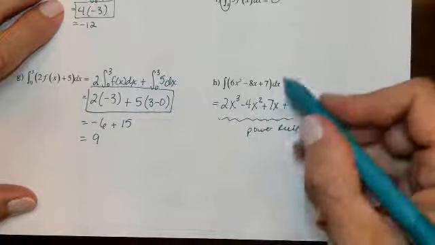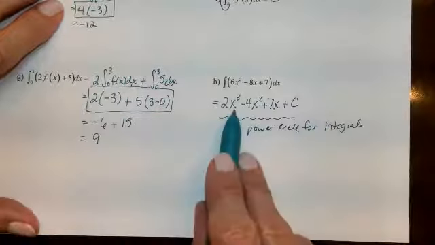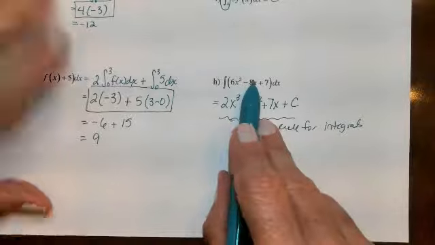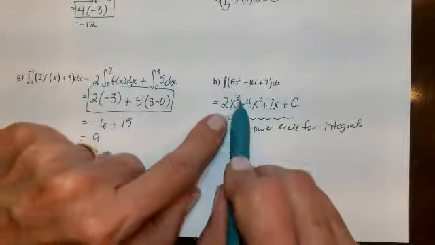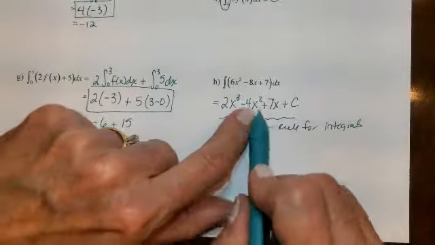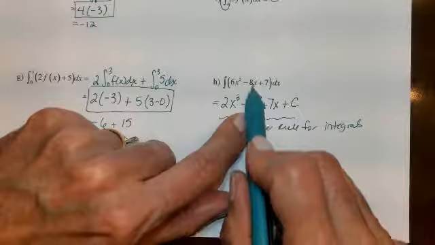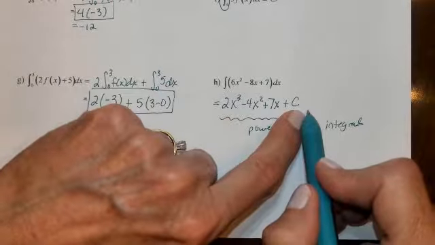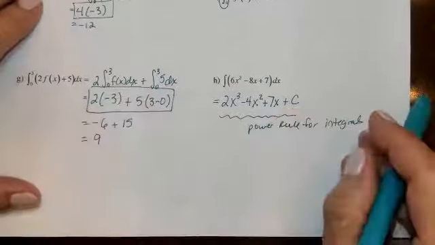That's finding the antiderivative. And remember, we can take the derivative of this to get back to that. If you take the derivative of 2x cubed, you get 6x squared. Derivative, negative 8x. Derivative, 7. Derivative, 0. Okay? All right.